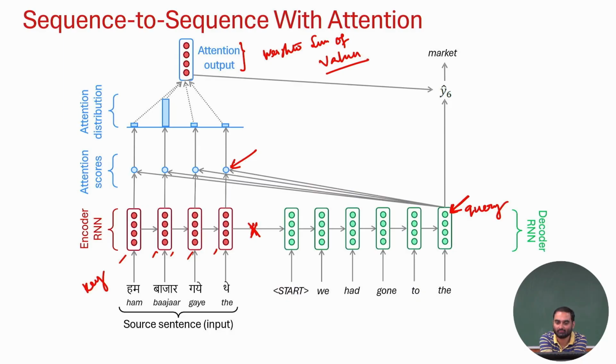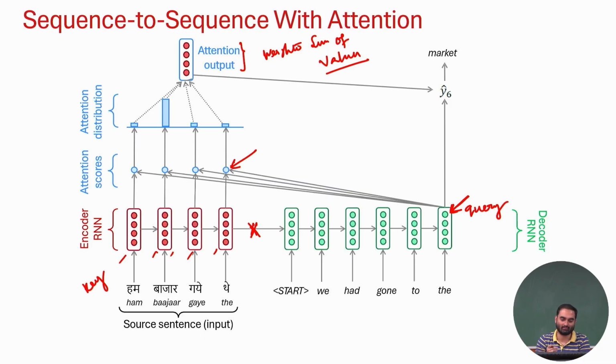But in the normal RNN setup, the normal attention setup, values and keys are the same. Later on, we will see that in self-attention, we introduce an entity called values. We'll first take the dot product between query and key, then we generate the weighted sum of values. Remember these terms, and I will tell you the meaning of query, key and value.